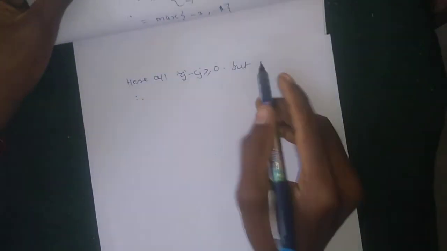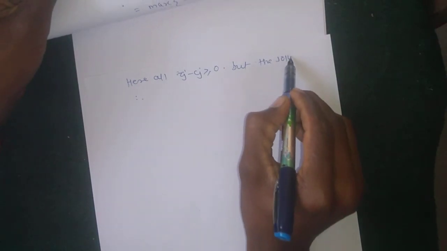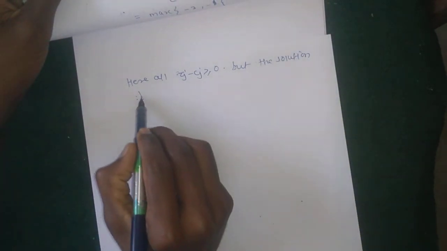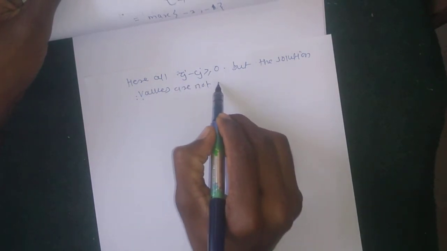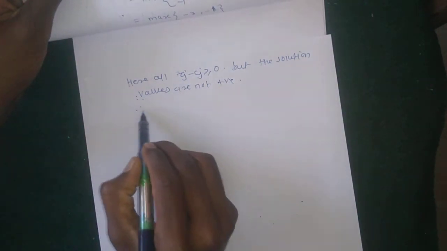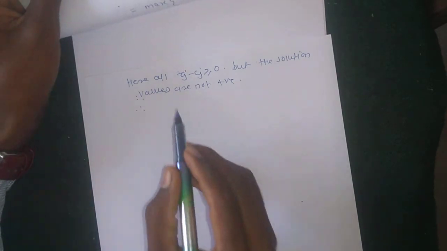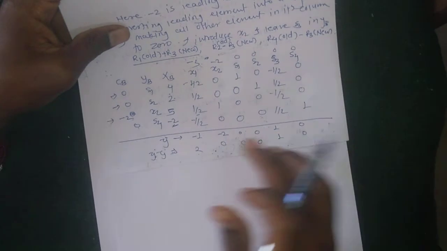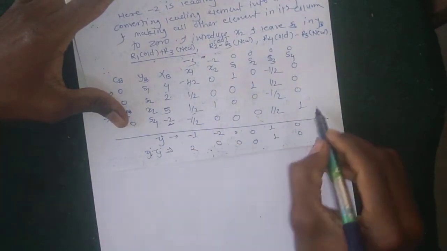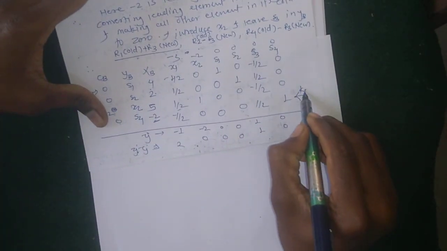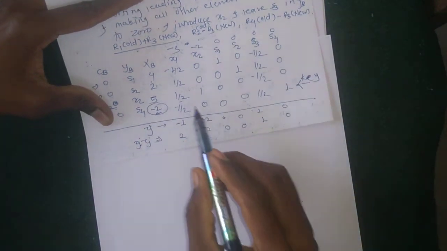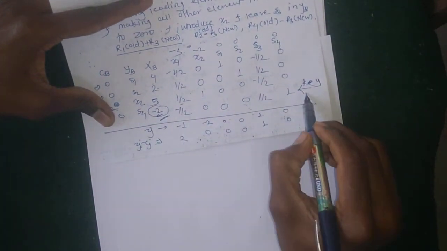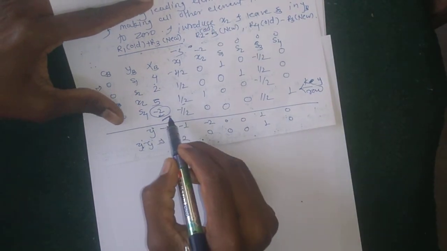But the solution values are not positive. Okay, and therefore choosing the row: here select the row. So this is our key row, because only one value is negative. So this is key row.